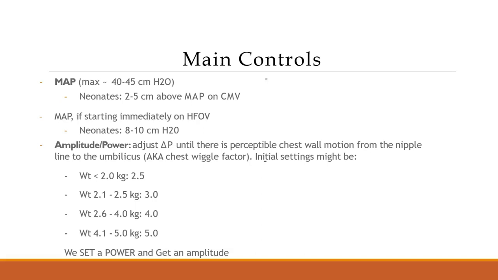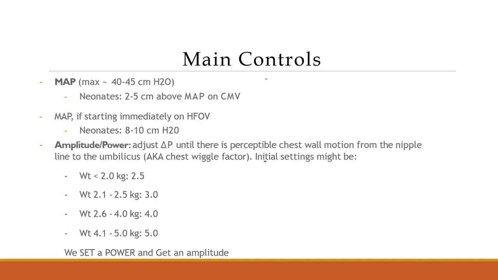Is it perfect? Okay, and when I say we set a power and get an amplitude, for instance, let's say we set up this baby on a power of 3, and that gave us an amplitude of 28, okay? Suddenly, the next day you get to work, this power is still set at 3, but now the amplitude is 31.